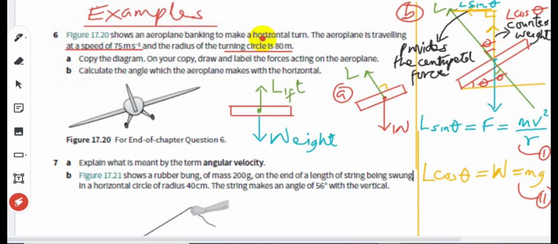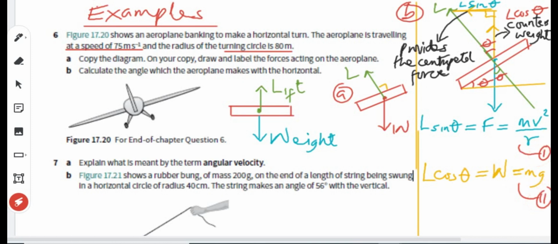So we have L sin theta equal to the centripetal force, mv squared over r, equation 1. We also have L cos theta equal to the weight, mg, equation 2. To find theta, we need to manipulate these two equations. One of the ways we can do that is to divide equation 1 by equation 2.